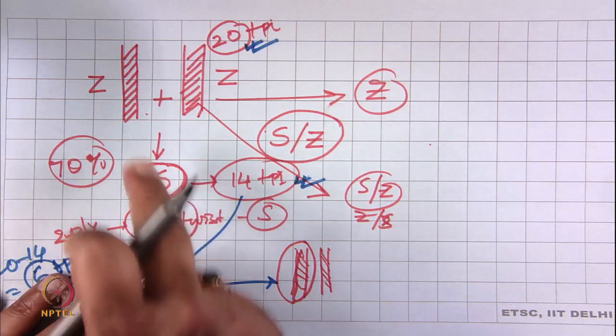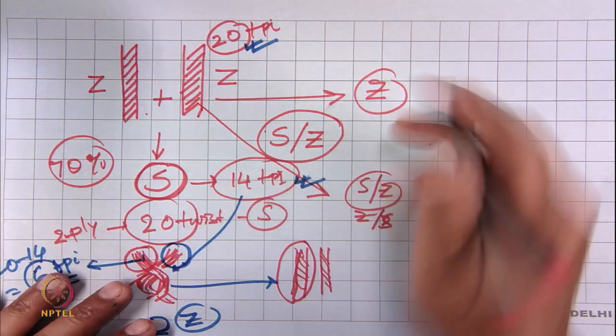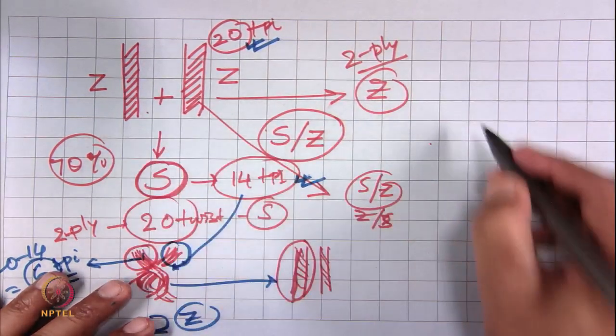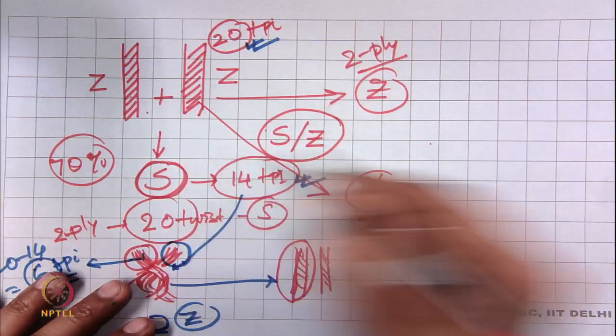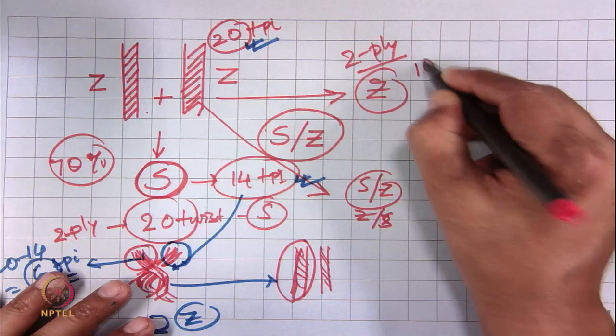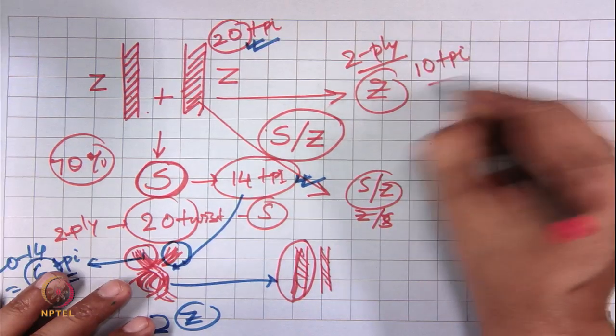If we apply Z twist again in 2 ply condition, say we are applying 10 twist per inch, what will happen?